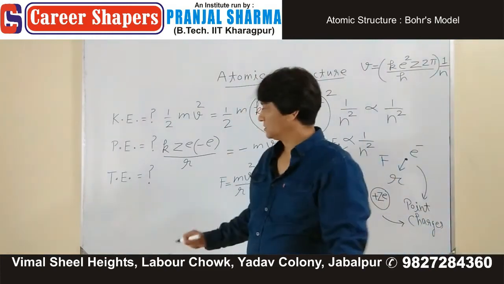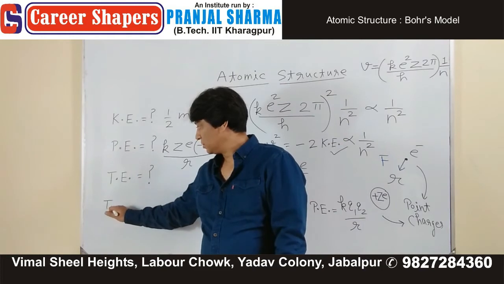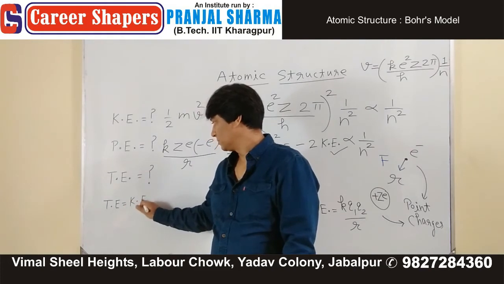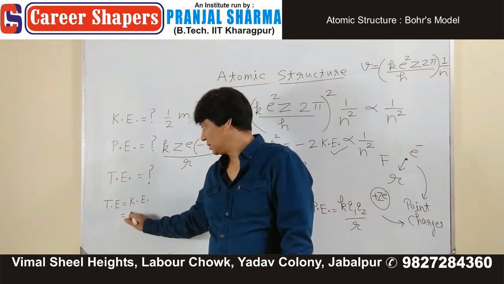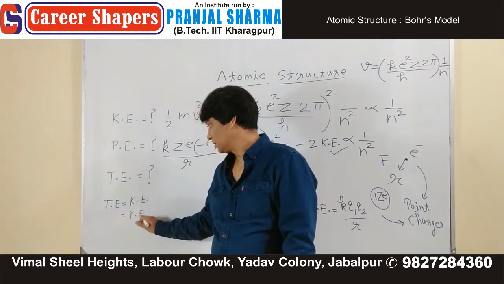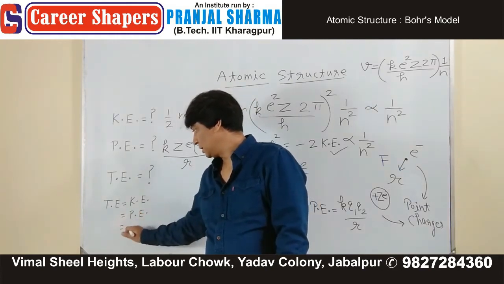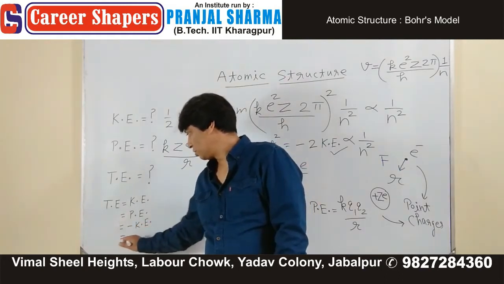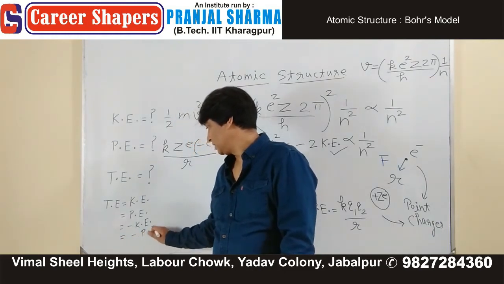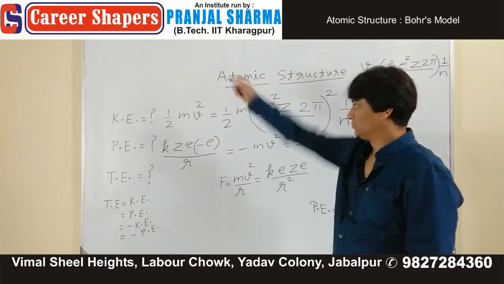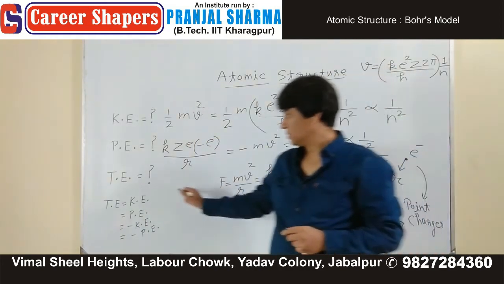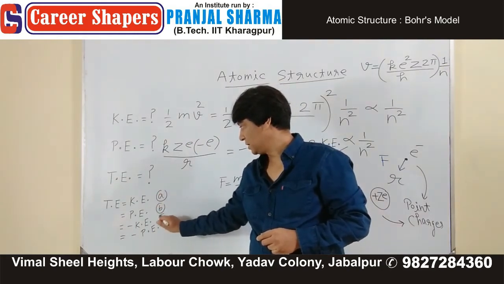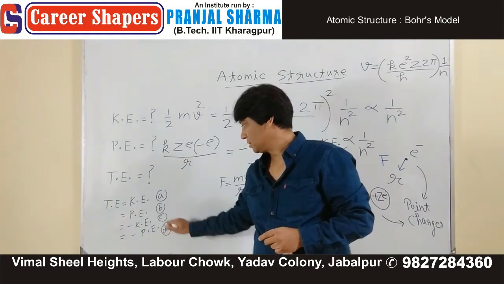Now try to answer this. Total energy is K. Total energy is P. Total energy is minus of K. Total energy is minus of P. Option A, option B, option C, option D. Which option is correct?